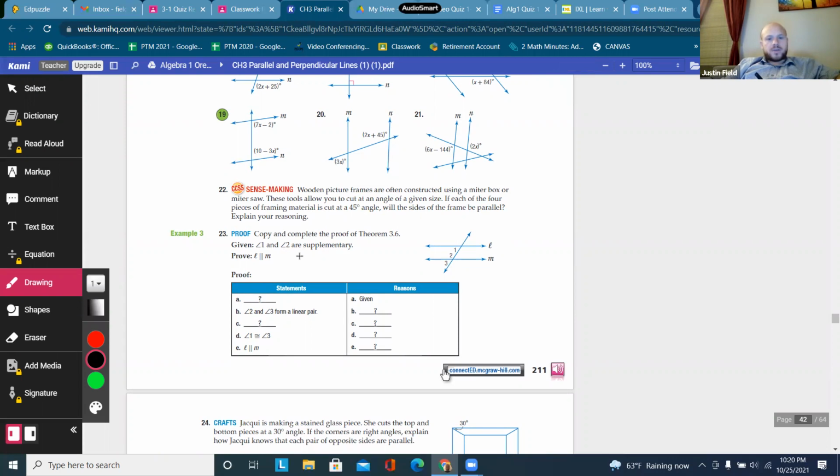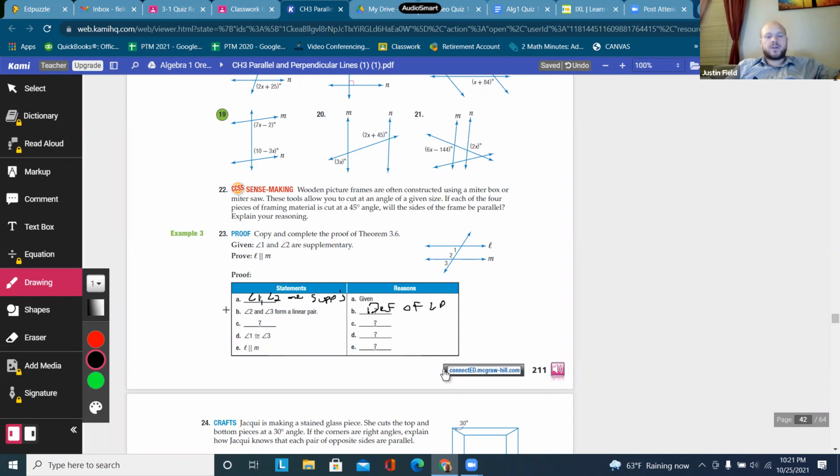1 and 2 are supplementary. 1 and 2, oh, those are SSIs. Okay, so 1 and 2 are supplementary. 2 and 3 form a linear pair. That is the definition of linear pair. But now, when you're proving things, you look at the keyword in the statement, and that tells you what the next reason is going to be.